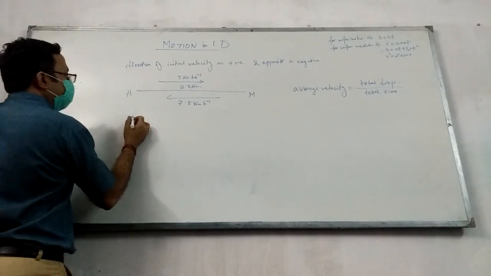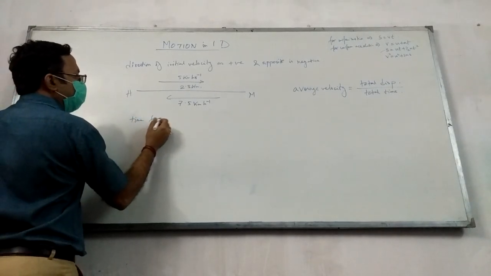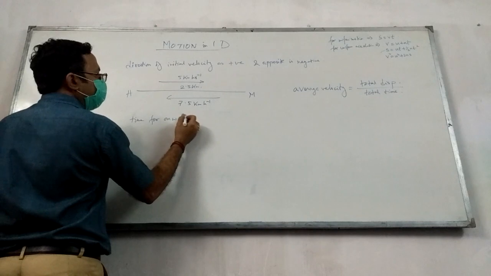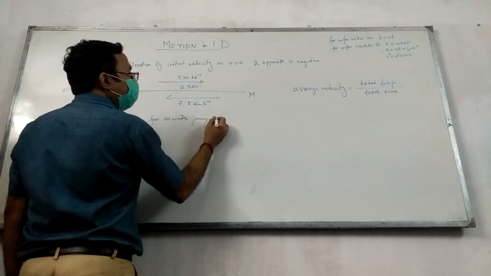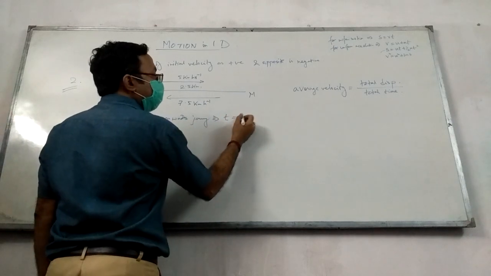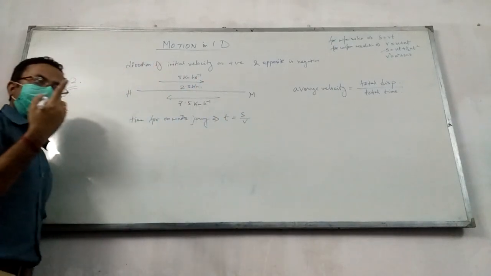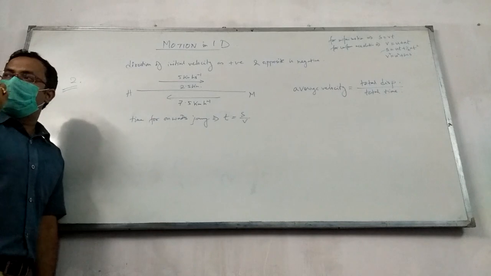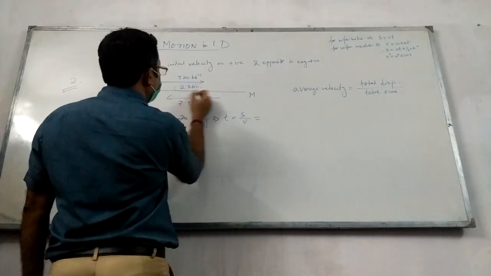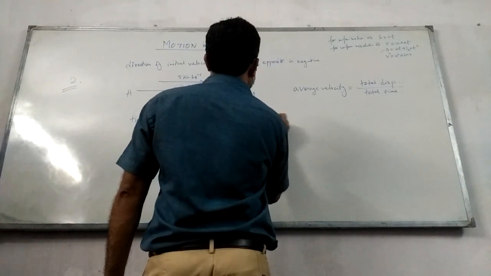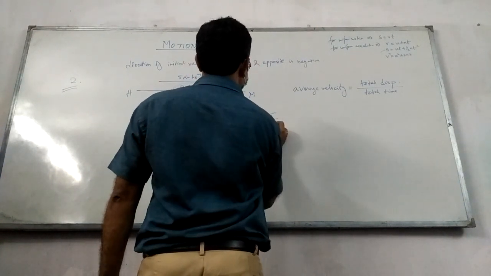Right. So, time for onward journey is equal to S by V. We have only one equation for it, S equal to VT, right? Correct? T is equal to S by V. So how much will it be? Displacement is 2.5 kilometers and velocity is 5.